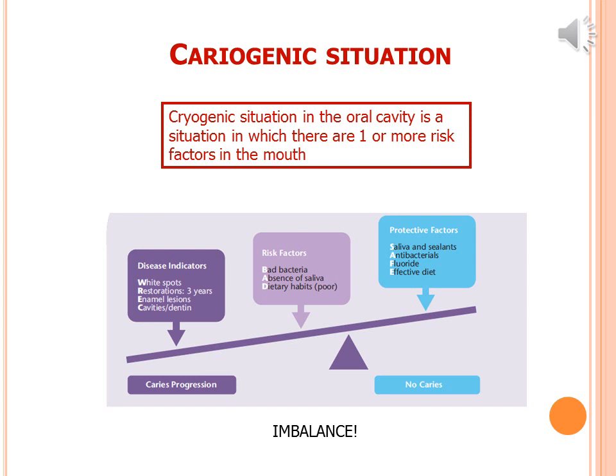So, what is a cariogenic situation in the oral cavity? A cariogenic situation is created when any cariogenic factor or group of them acting on the tooth makes it susceptible to acids. A cariogenic situation, in other words, is an imbalance between progressive caries and its absence.